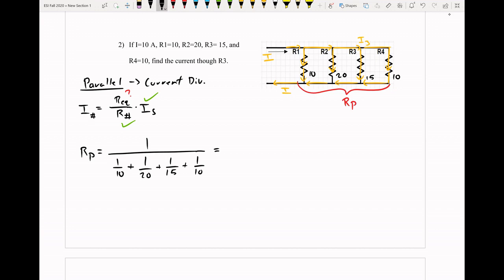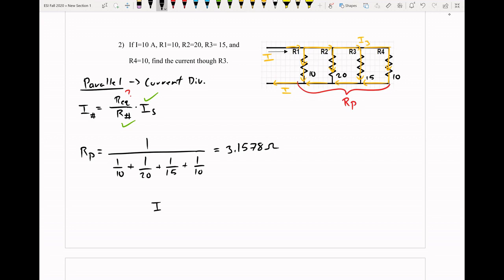And what does that come out to be? This comes out to be 3.1578 ohms.